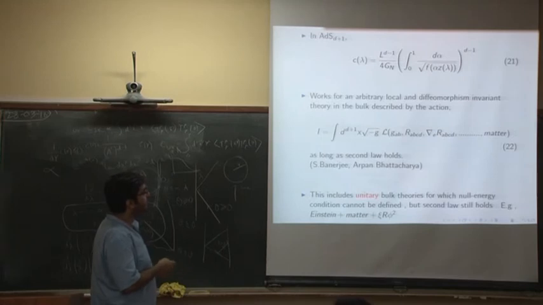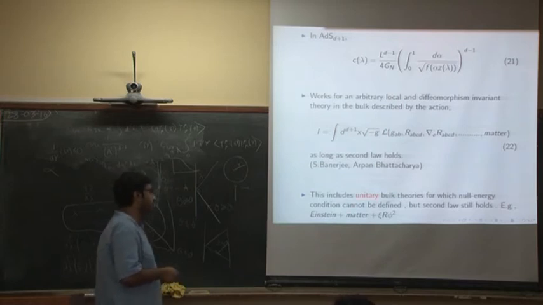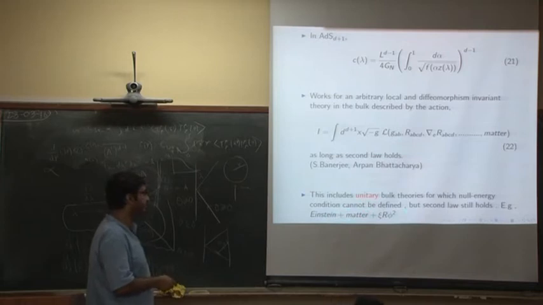But now you can apply it to some arbitrary action, assuming that this thing actually holds, and then you can apply it to some simple theories. For example, Einstein plus matter plus this. If you have a curvature coupling like this, then you don't have the null energy condition.